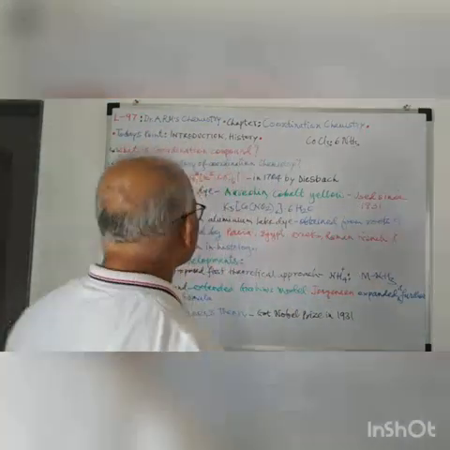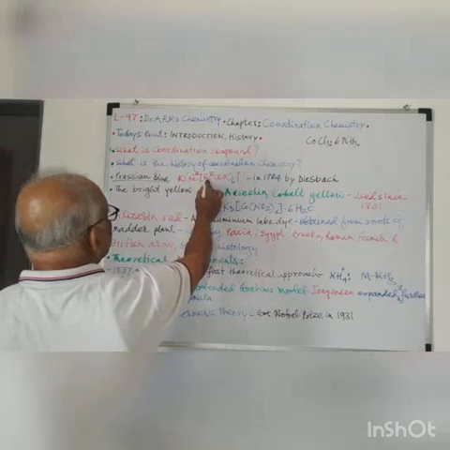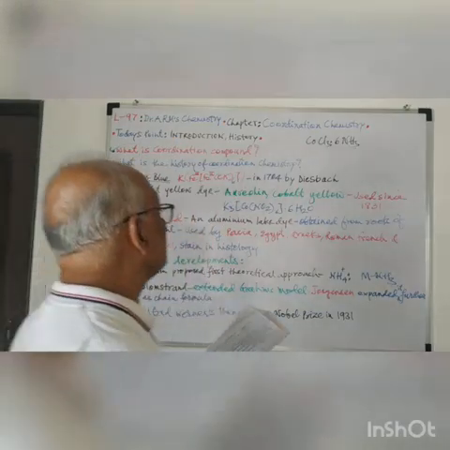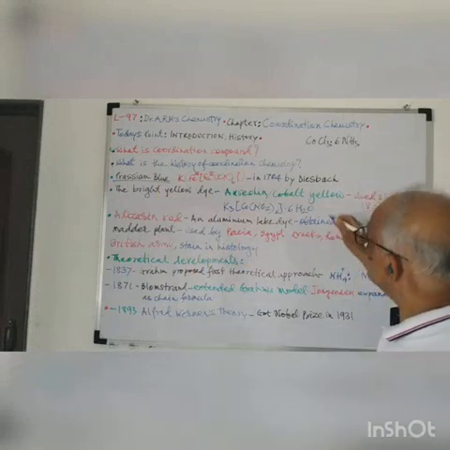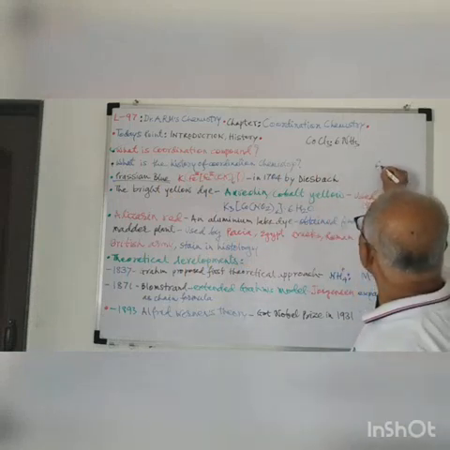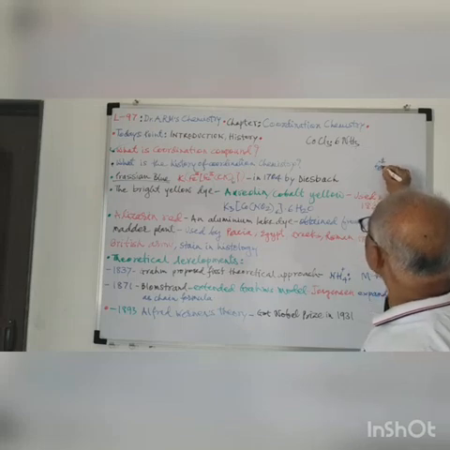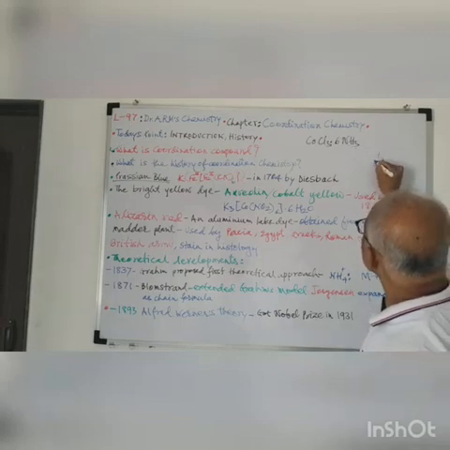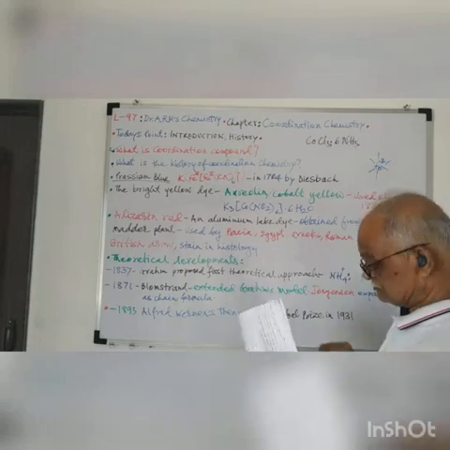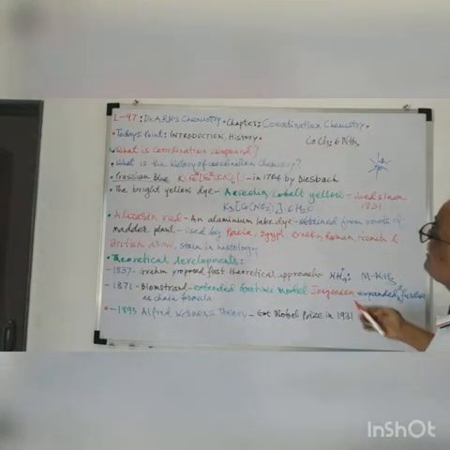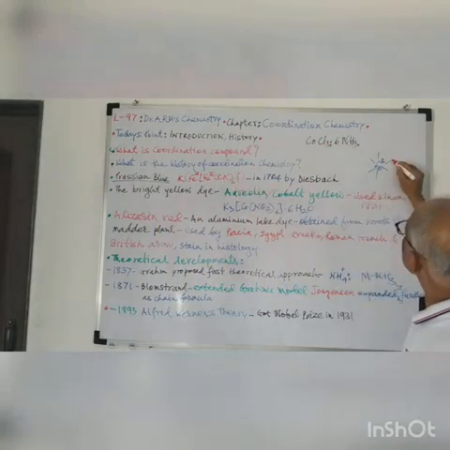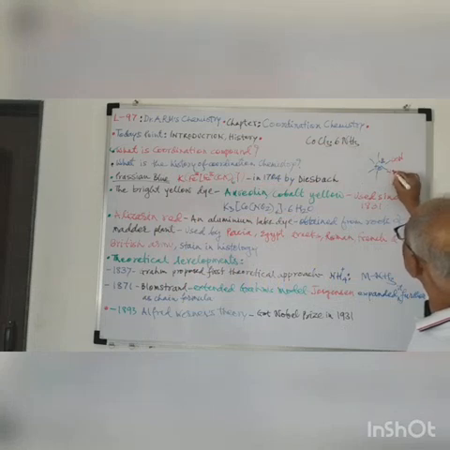If we see the structure, you will find that this Fe in the 2+ state is at the center, and the CN⁻ are attached like this.